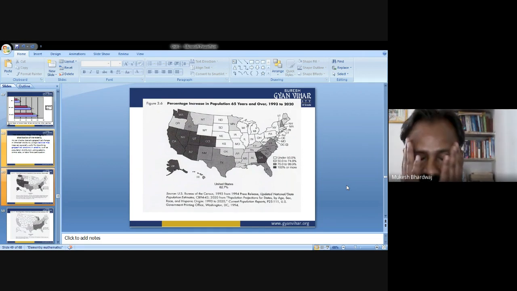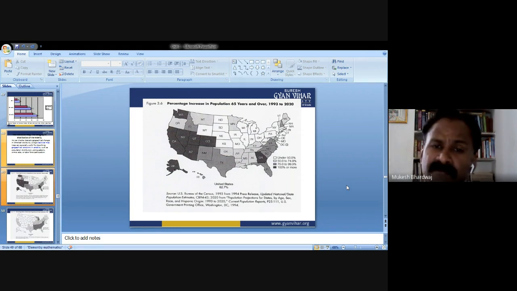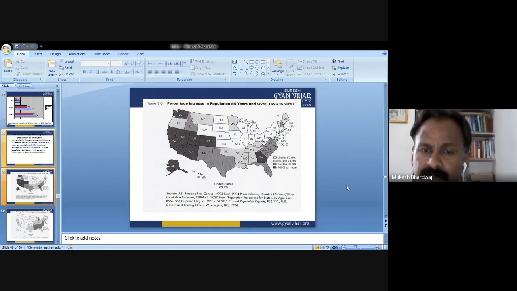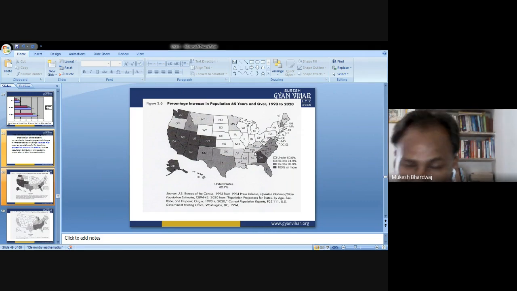Suppose you take a map of any country or any continent, and the map is in front of you, and you want to categorize, to locate and identify, and to divide or distribute. So according to the United States, these are the states having some color codes or some shades.